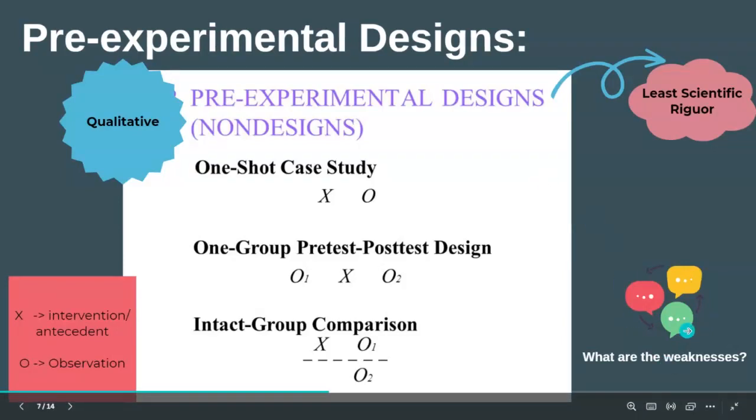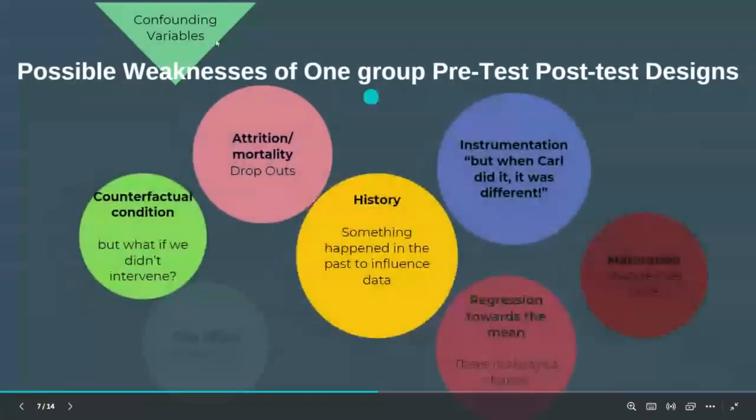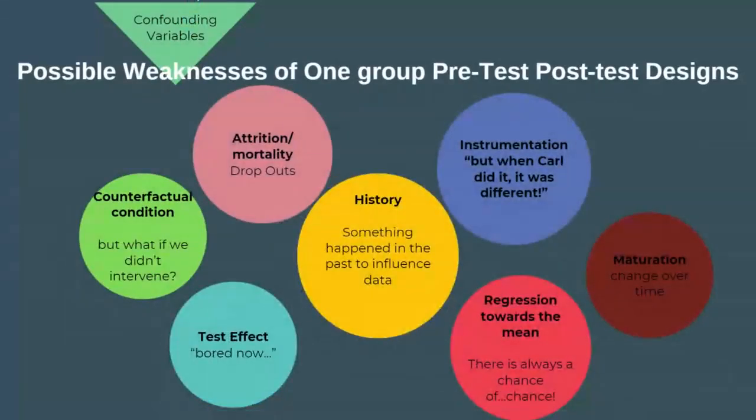Let me just progress to my slides so we can talk about these weaknesses in a bit more depth. Yeah, so the intact group design is a quasi-experimental design. And what differentiates quasi-experimental designs really from pre-experimental designs is that you can have more than one group, okay?